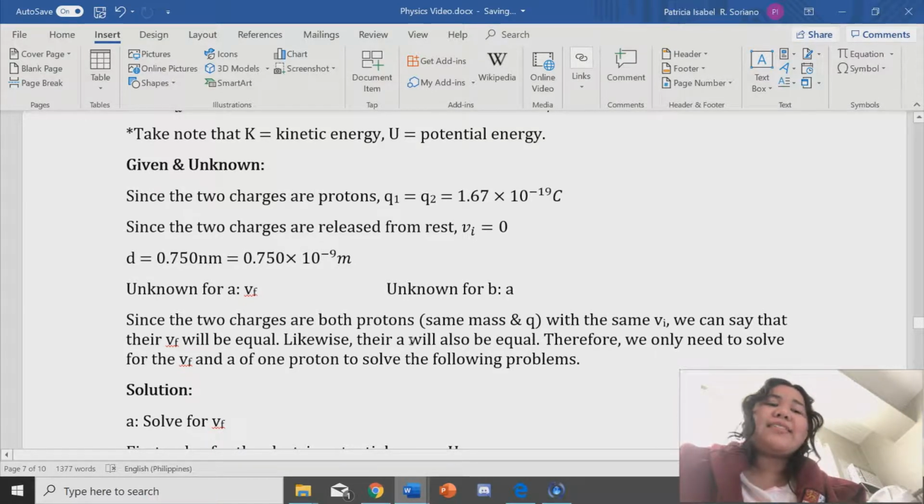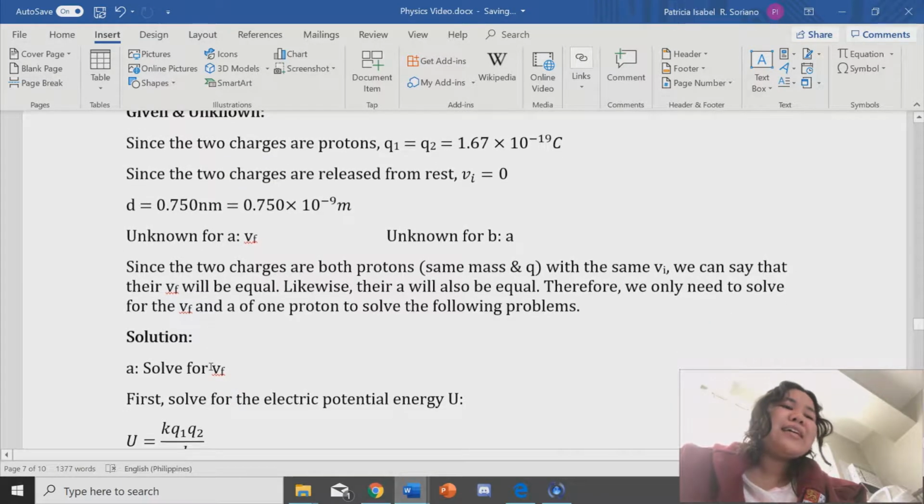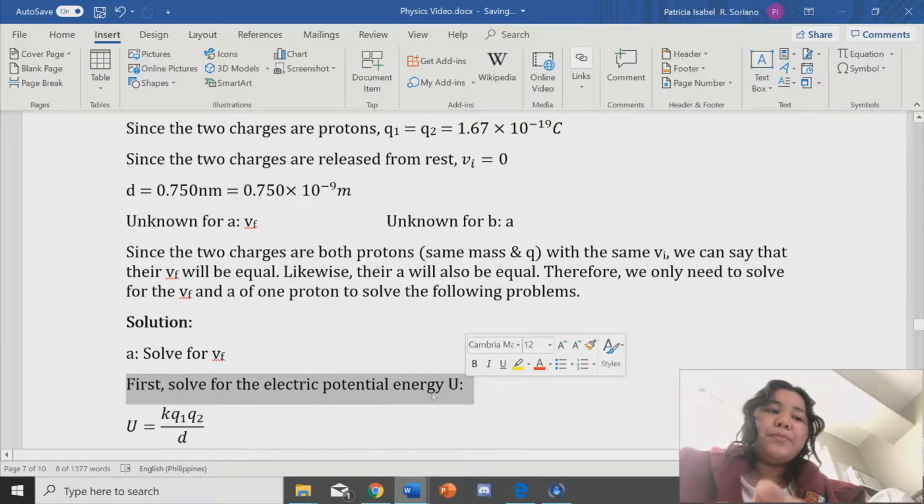Likewise, their accelerations will also be equal. Therefore, we only need to solve for the final velocity and the acceleration of one proton to solve the following problems. That makes it easier. So now let's get to our solutions. Let's solve for vf first, which we can do by first solving for our electric potential energy U.